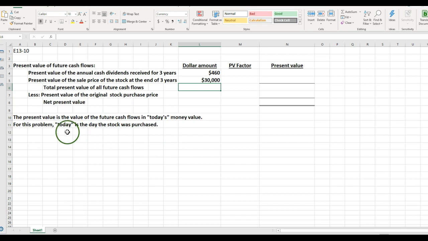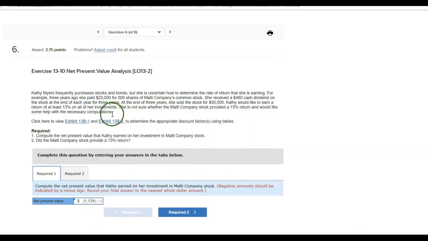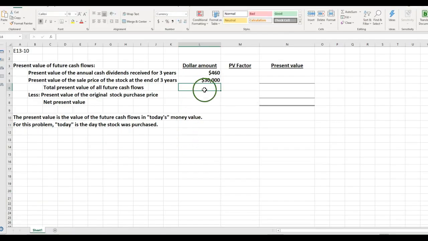For this problem, today is the day the stock was purchased. So the stock was purchased, let's go back here, for $23,000. Here it is, $23,000. And I'm going to drop this in, our original purchase price, $23,000. So this is the information given to us in the problem.